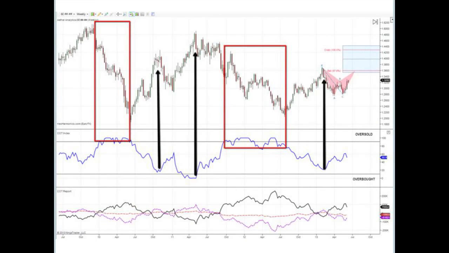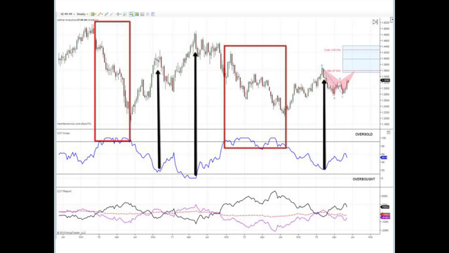This is the euro currency, and the interesting thing about the euro currency right now is it's kind of in no man's land. So what I do is I drill down and put priority on my price charts.